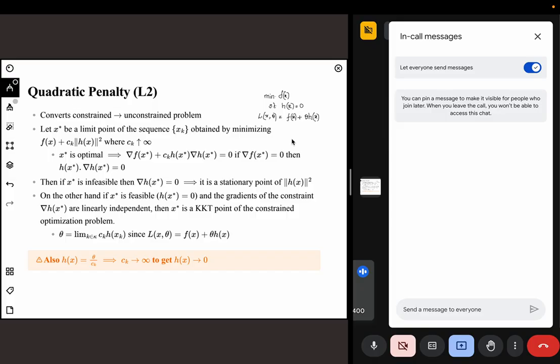Then we set the gradient of L with respect to x equal to 0, and we also put an extra constraint saying h of x equals 0. Both of these have to be satisfied. Only when you solve both of them will you get the corresponding x star and theta star, where theta star are my Lagrange multipliers, and x star is the optimal solution that I want.